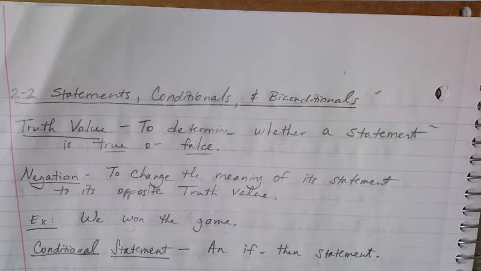So if I was to say, today we don't have a pep rally, the negation of that would be, well, a double negative. You wouldn't say, today we don't have a pep rally. You'd say, today we do have a pep rally, because two negatives make a positive. So again, the negation of a statement is to change the truth value to the opposite meaning, and you usually do that with the word not.